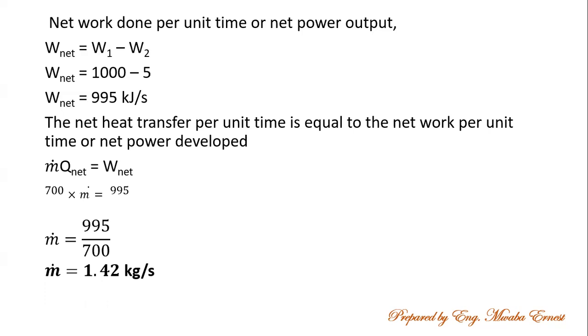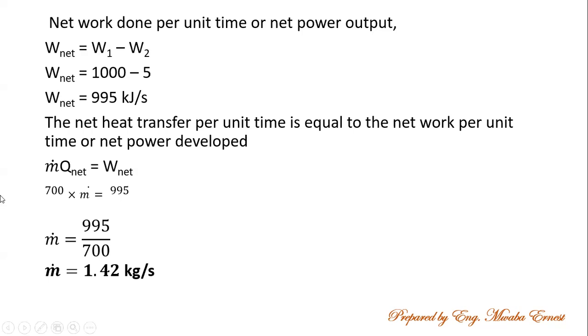So once again, this is how you find that power. Calculate it on its own: the difference between the power that has been supplied and the loss due to the pump. To feed the pump, to make sure it runs and pumps back the condensate, we are spending 5. And what is being developed in the boiler is 1,000. So our net, with the information provided, becomes 995 kilojoules per second.